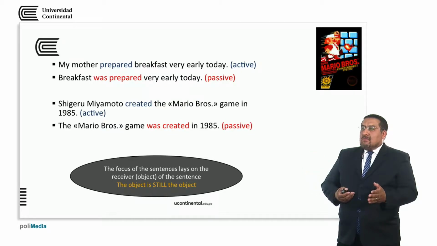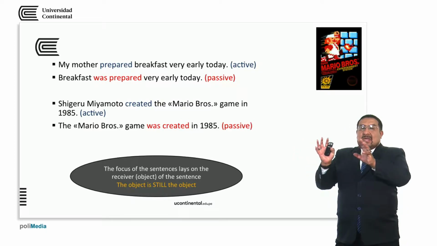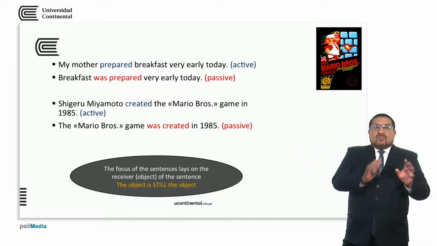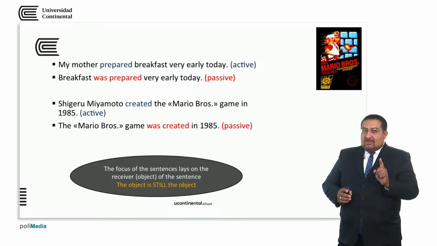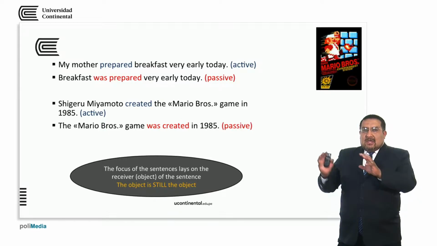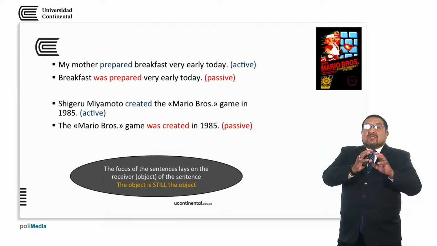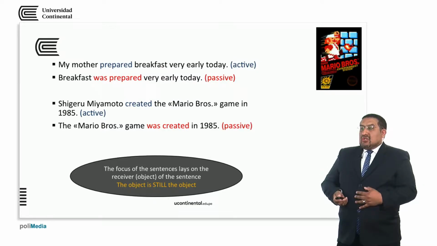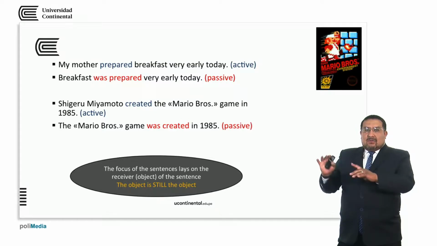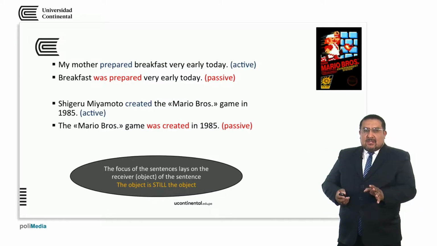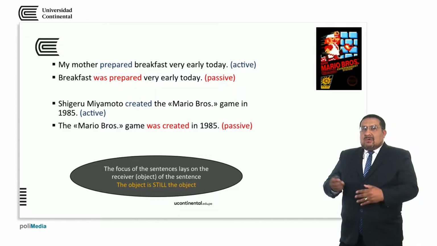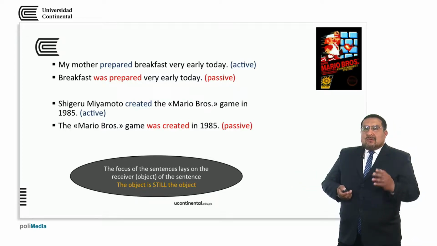So you see the passive voice. The Mario Bros. game was created in 1985. That's passive because now the object of my sentence comes first in focus. It is not transformed into the subject. Never. It only changes to be the main focus of my attention. The object is still the object. The subject, goodbye subject. I don't mention the subject. I mention the age, the year, the moment, but not the subject, if I don't want.